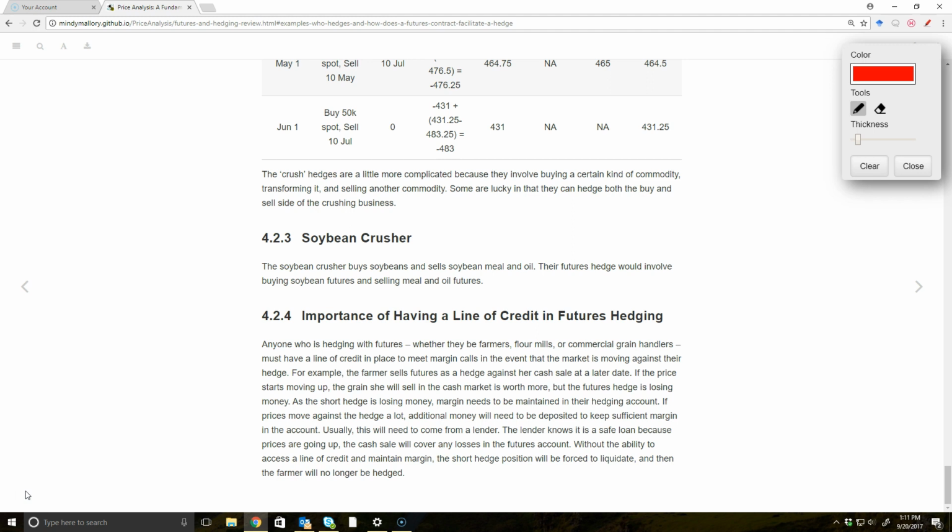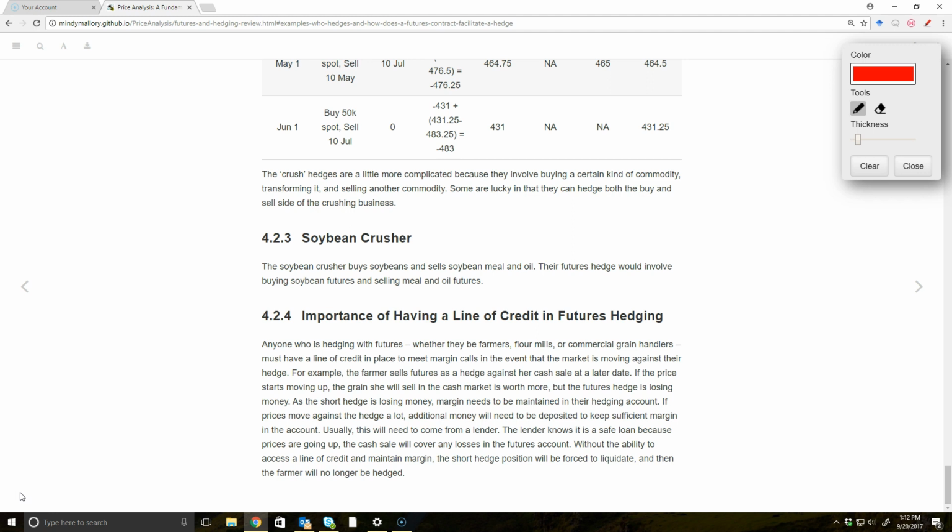Then you won't be hedged anymore, and the whole exercise will be for naught. So what you have to do is have a relationship with a banker who understands the way hedging works and is willing to give you a line of credit, and they'll secure it with your cash grain for sure.